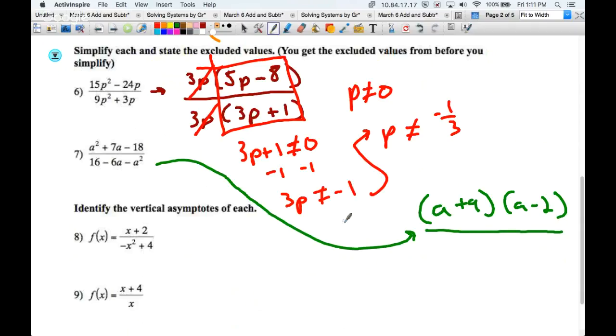On the bottom, I could factor out a negative 1. That's going to leave me with a squared plus 6a minus 16. Two numbers that multiply to be negative 16 but add to be 6. It's going to be 8 and negative 2.